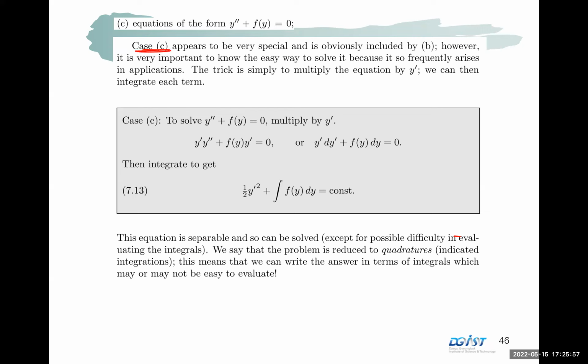This case C seems very special, and it also includes case B, but it appears very frequently in physics, so we take a more careful look at this case. To solve this kind of form, multiply by y prime on both sides. So we have this one, and then we take the integral on both sides.